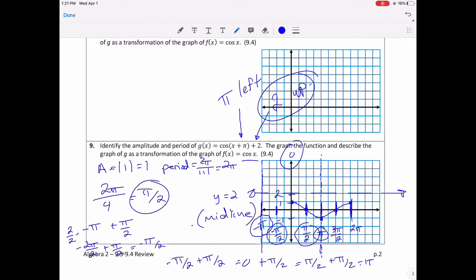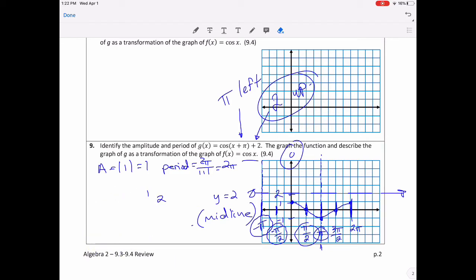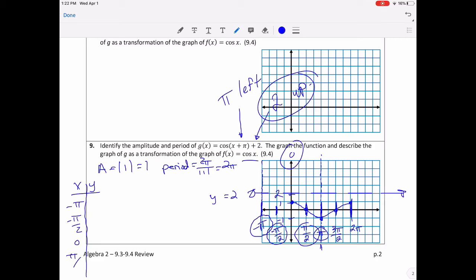Okay, now what do we want to do next? You got it, make a table. Negative pi halves, 0, pi halves, and pi.